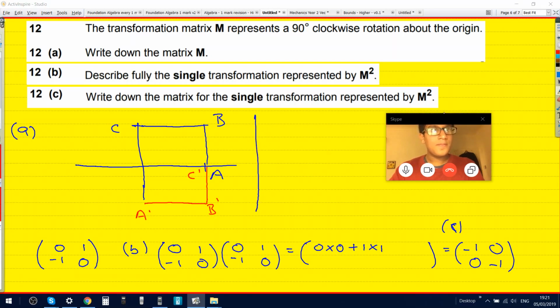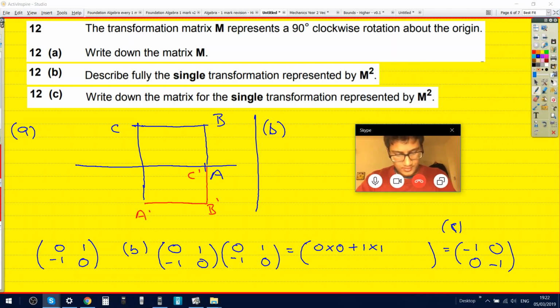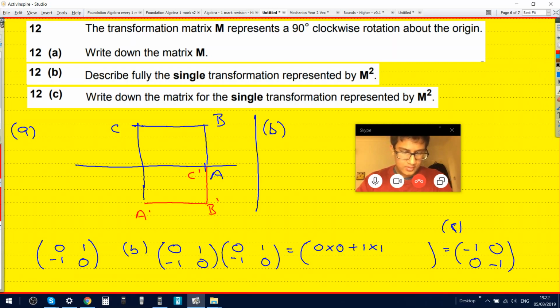So describe the transformation. Okay. Reflecting in the line y equals -x, is that correct? Maybe. So it's going to be there. Yeah.